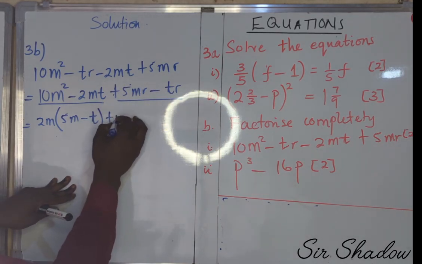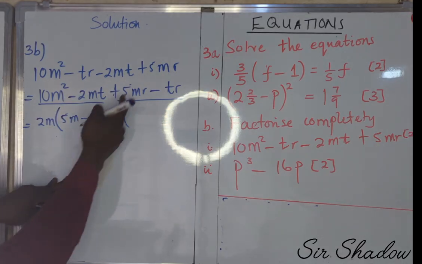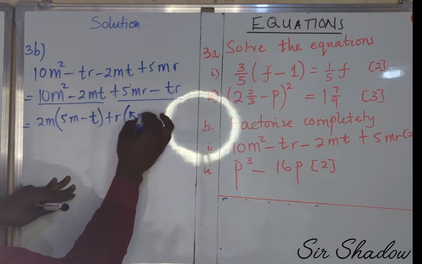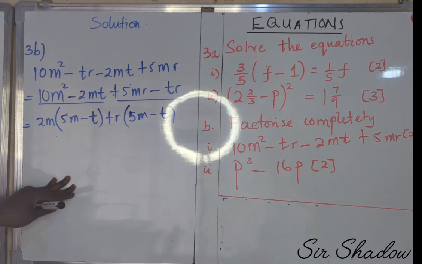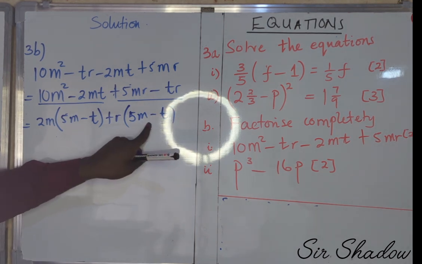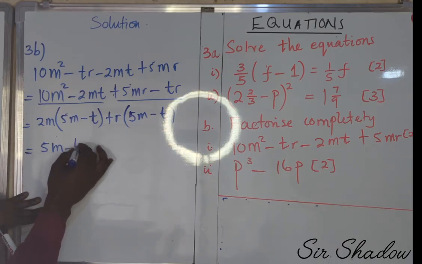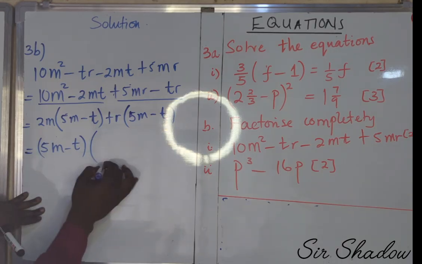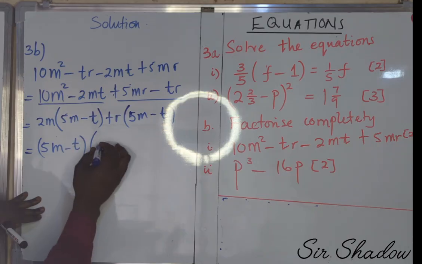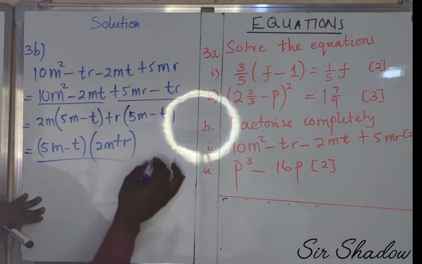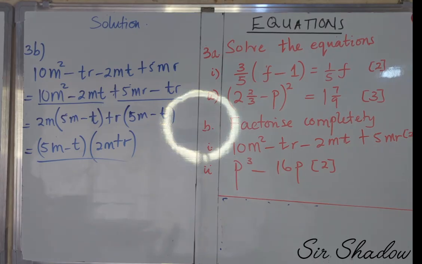So I take r, because r is common, so left with 5m minus t. So these two brackets are now similar. I can take one. So this becomes 5m minus t and also 2m plus r. So this becomes the solution for such a way of factorization.